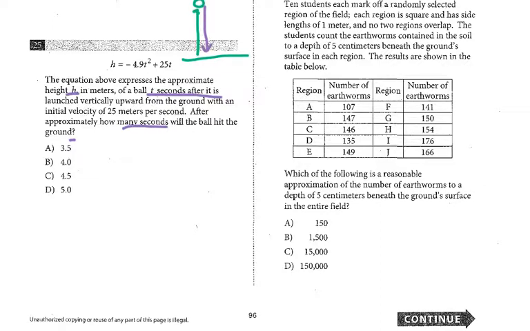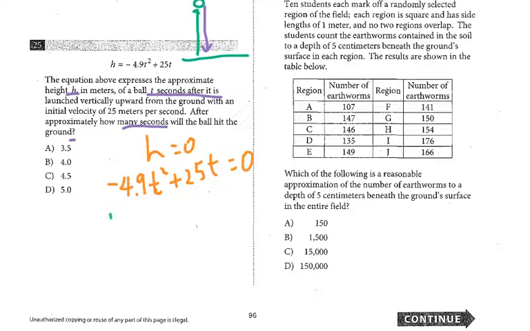Since the given function is a quadratic function, the ball hitting the ground means h equals 0. Therefore, I can plug in negative 4.9 t squared plus 25 t equal to 0.